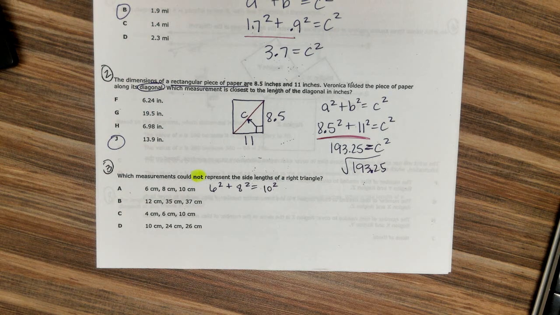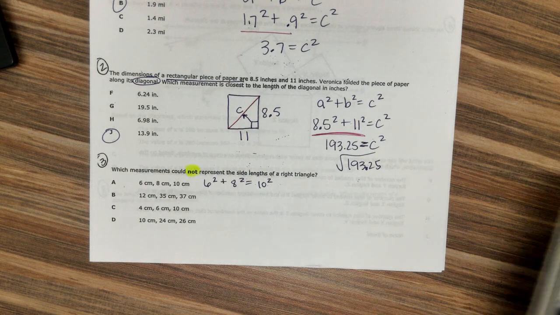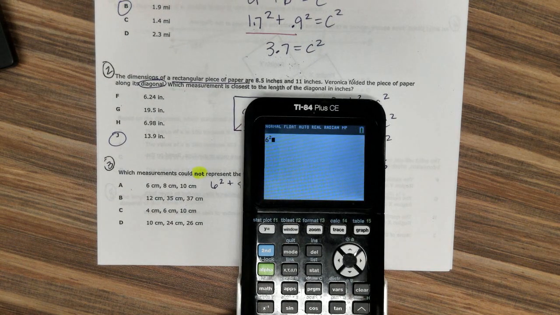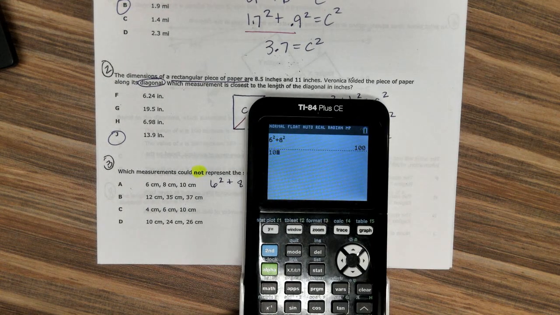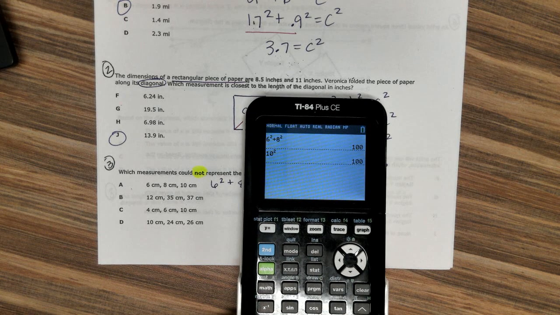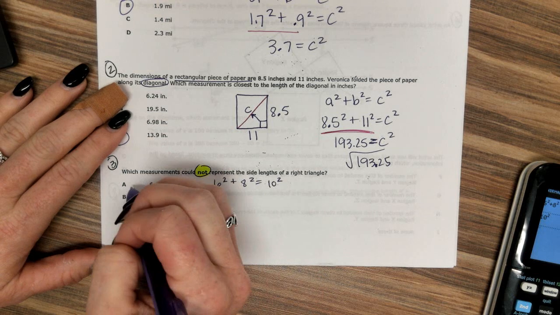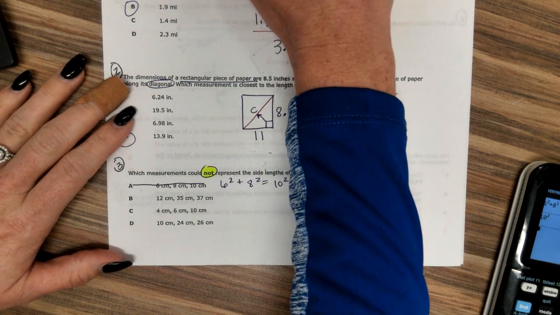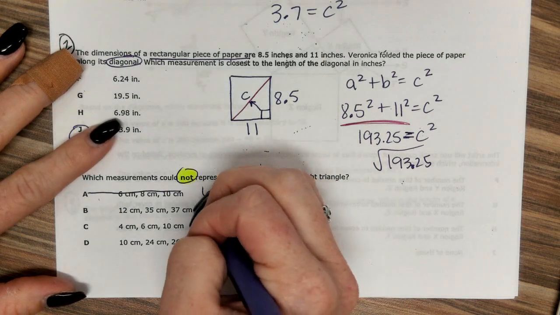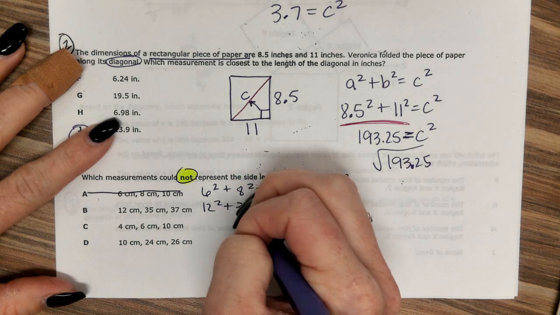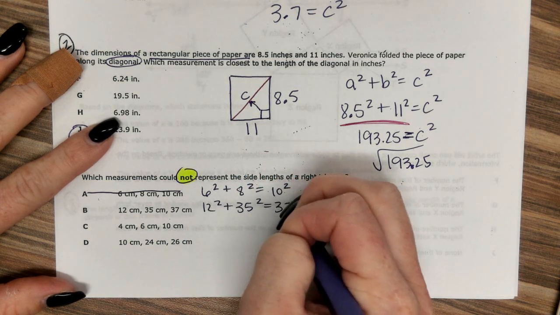And all I'm doing is checking to see if it's true or not. Is that true or not true? That's true. I'm looking for the one that's what? Not true.